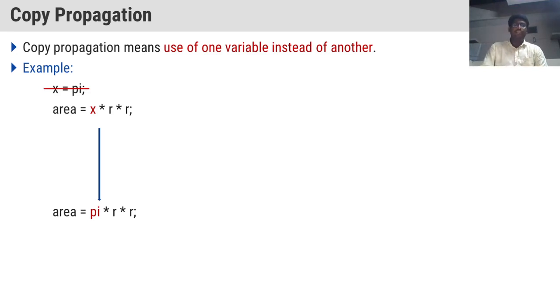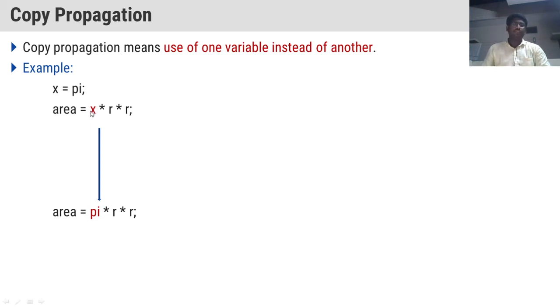Like that, we are going to eliminate some kind of variables here. You see here, the pi value is assigned to the variable x, and area equal to x into r.